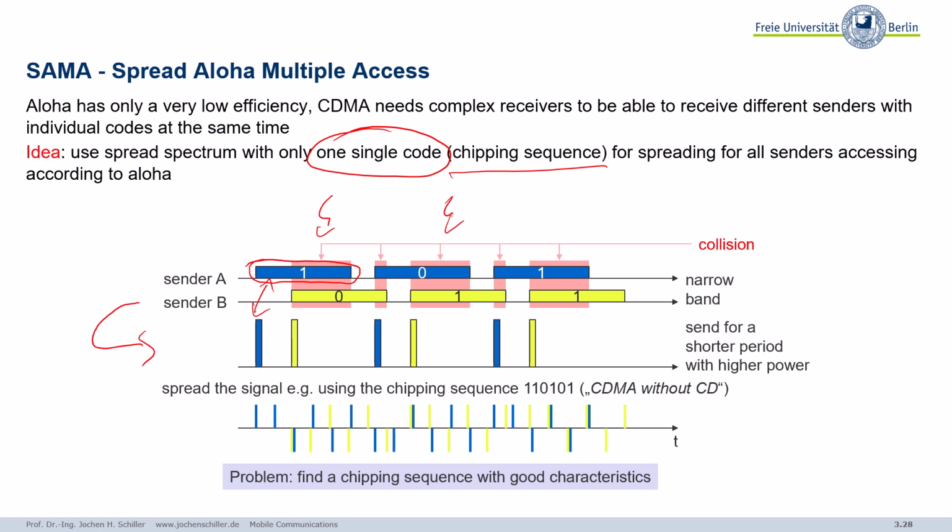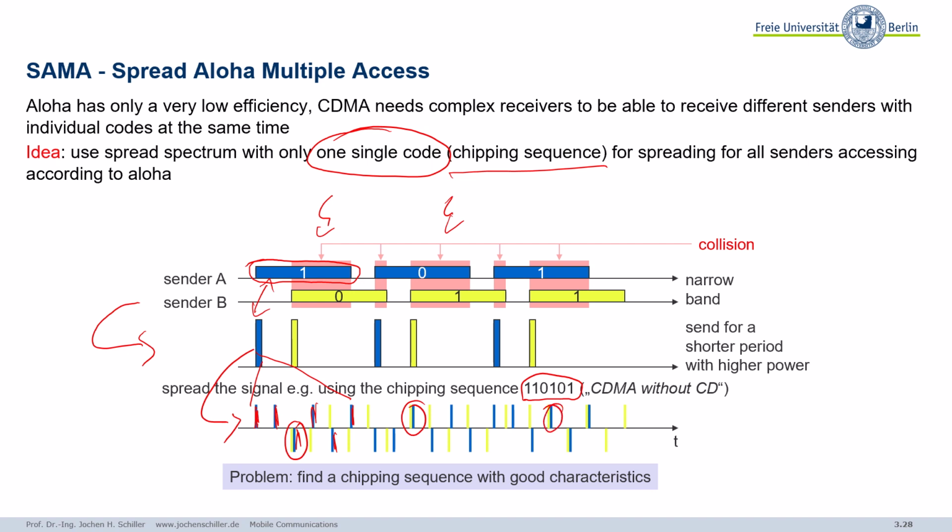So what we do now is we spread this again using a certain chipping sequence, 110101 in this case, spreading our small peaks, and you see how the first one is now spread in time. And then there still might be collisions, maybe here, maybe here, depending.